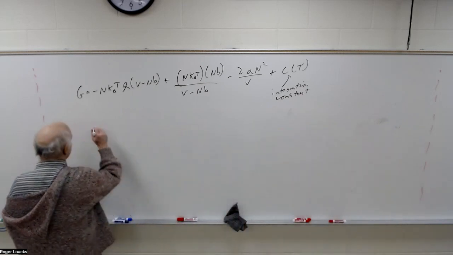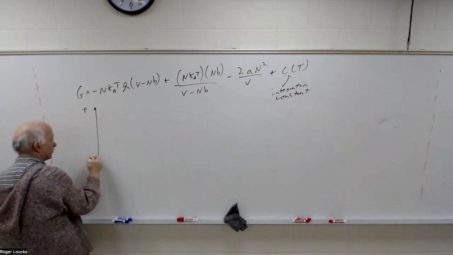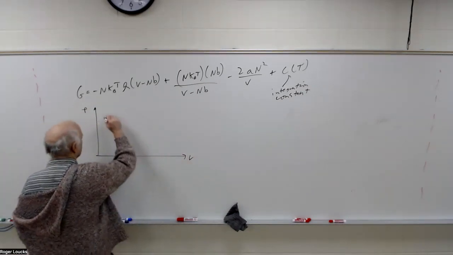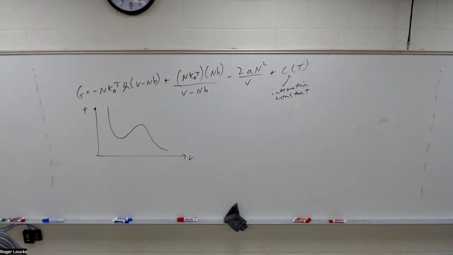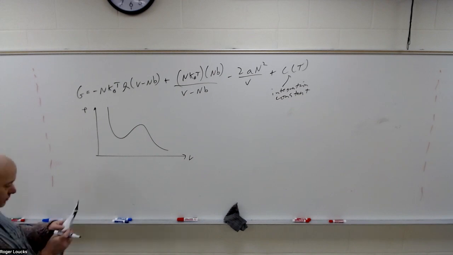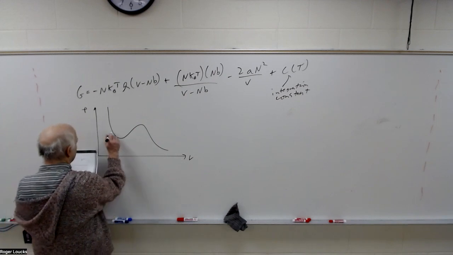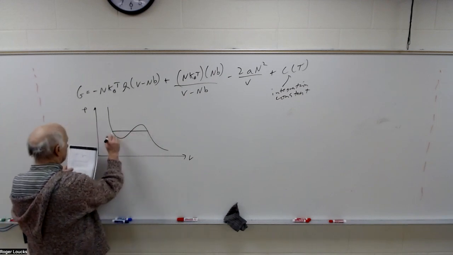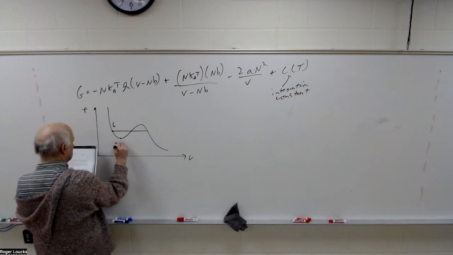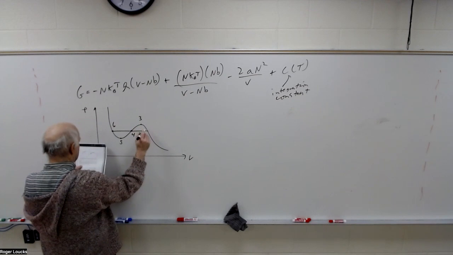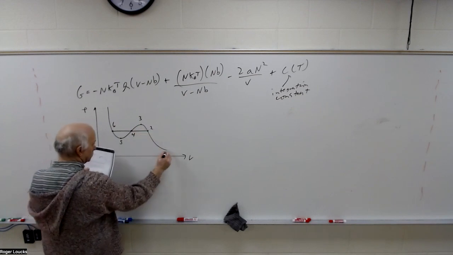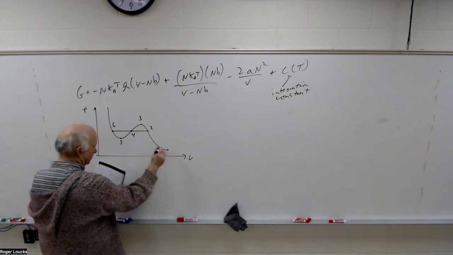Let's take this graph here. And it gives these points names. So he calls this point 6, point 5, 4, 3, 2, 1.